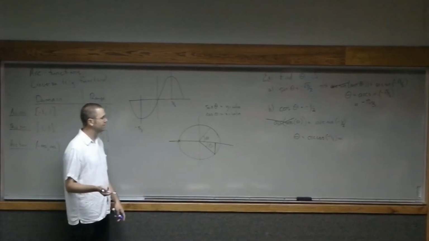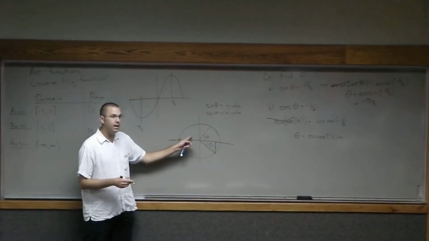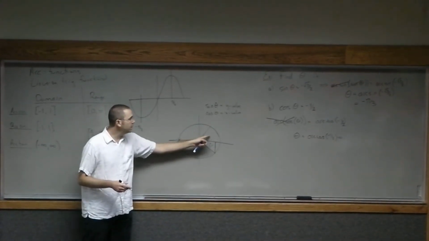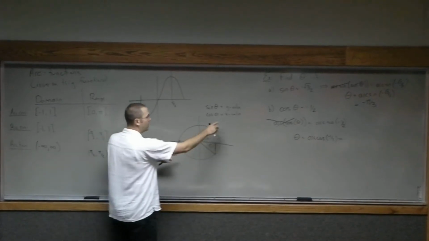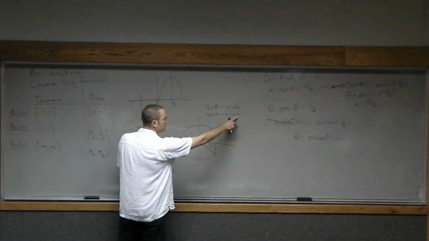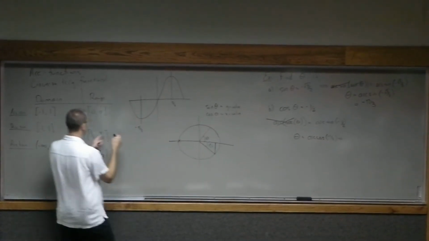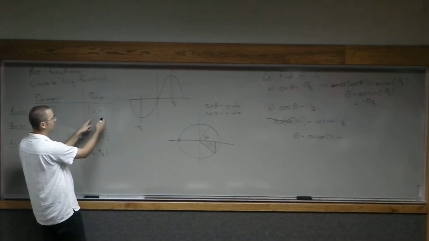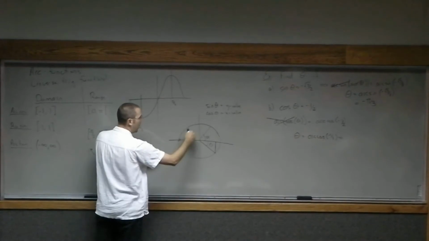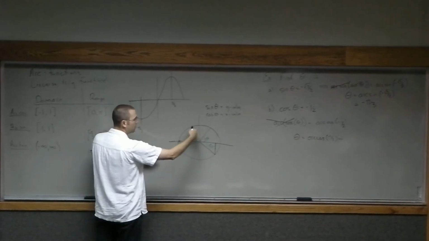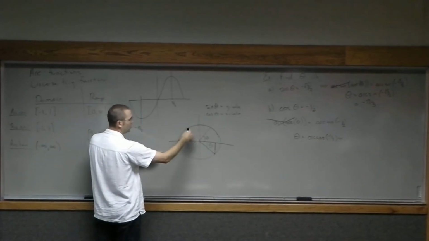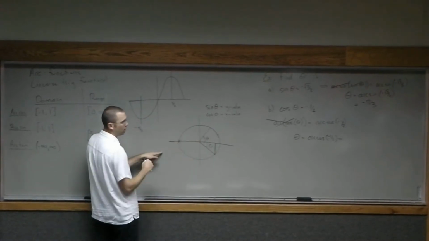Not third. It has to be in the second. Okay? Has to be in the second because, again, cosine is the x values. The angle values I get out for the inverse cosine have to be between 0 and pi, which means I have to be in this upper part of my circle. So it's not in quadrant 1, it must be in quadrant 2.